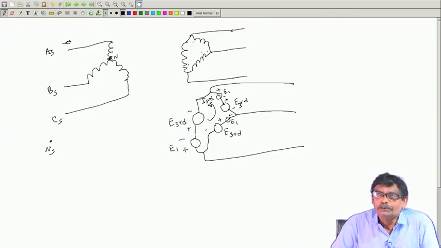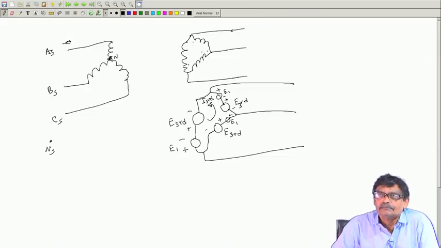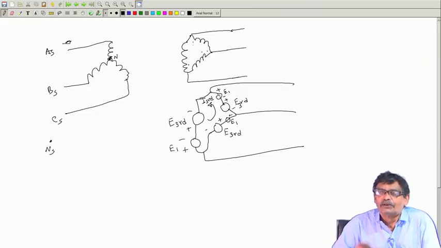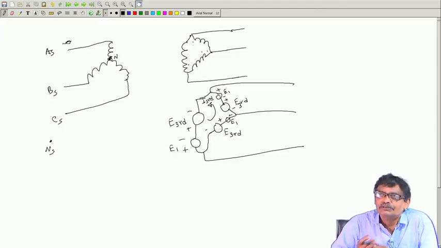It is not important that you pass the fundamental and third harmonic component of current through the same primary winding. It does not matter, because the coils are wound on the core and the net MMF decides what the flux is.